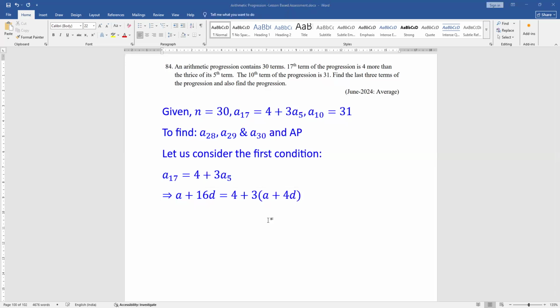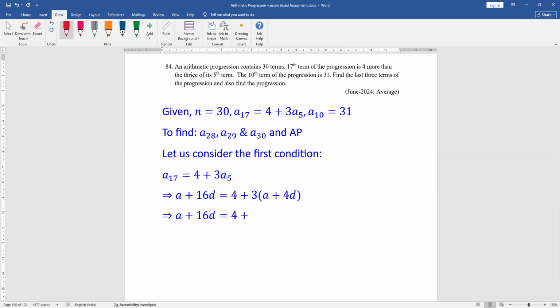Then I go for the next step, where I write A plus 16D equals 4 plus, now here you are multiplying this 3 with A plus 4D. So 3 into A is 3A, 3 into 4D is 12D.